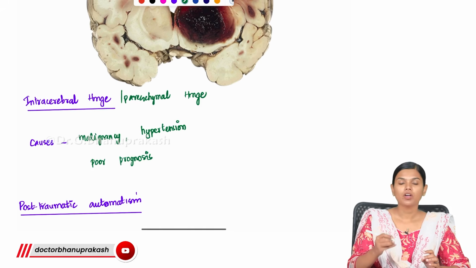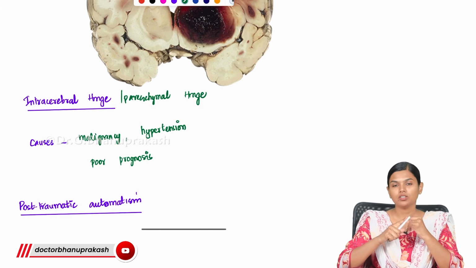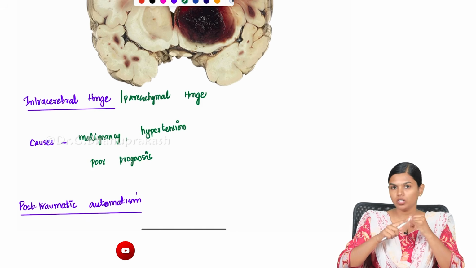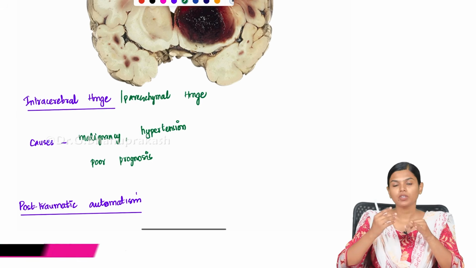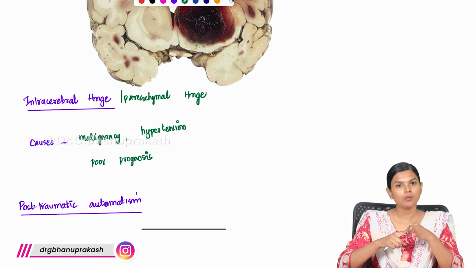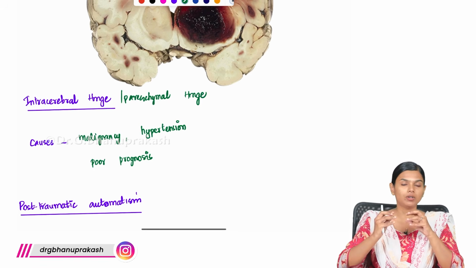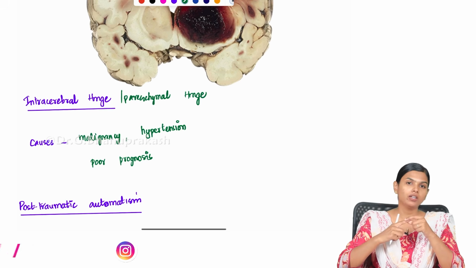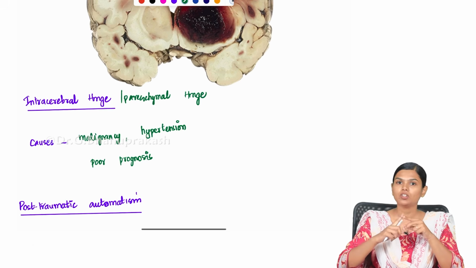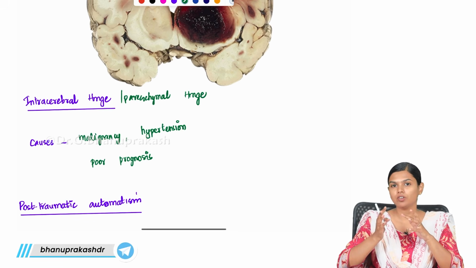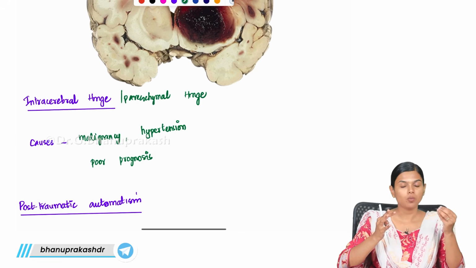So basically you have EDH, that is extradural hemorrhage above the dura, SDH subdural hemorrhage beneath the dura, SAH subarachnoid hemorrhage, that is beneath the arachnoid membrane, and finally intraparenchymal, that is inside the parenchyma. Lucid interval you will be commonly encountered in EDH and SDH, and subarachnoid hemorrhage you can differentiate from the subdural hemorrhage by pouring water.